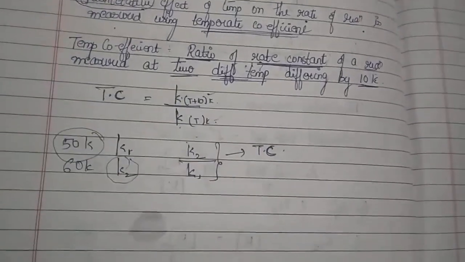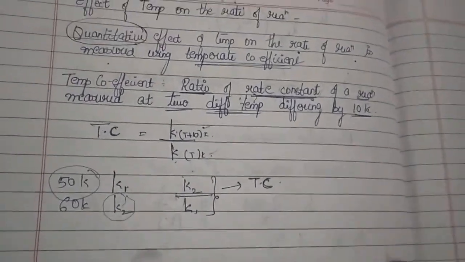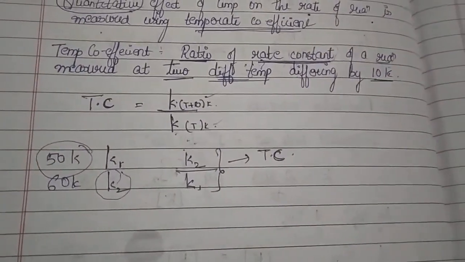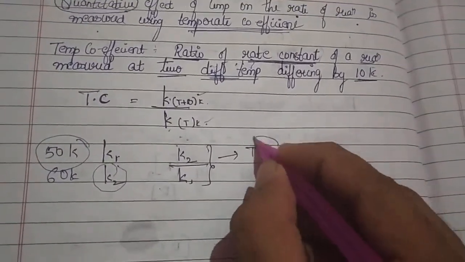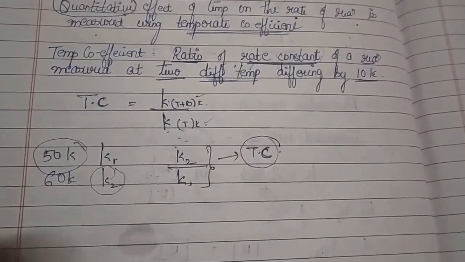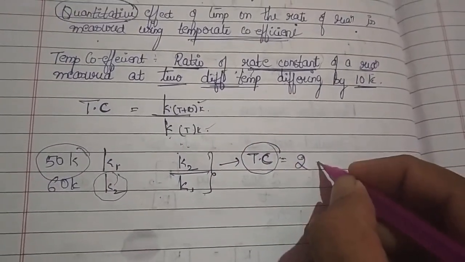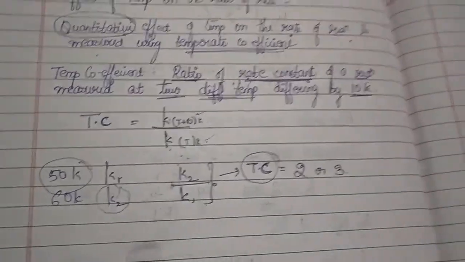One important thing to remember: whenever you increase the temperature by 10 Kelvin, for any reaction, this ratio will be nearly 2 or 3.